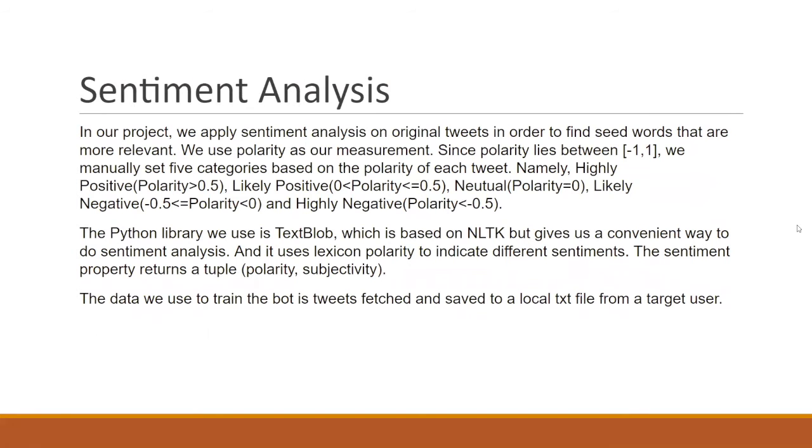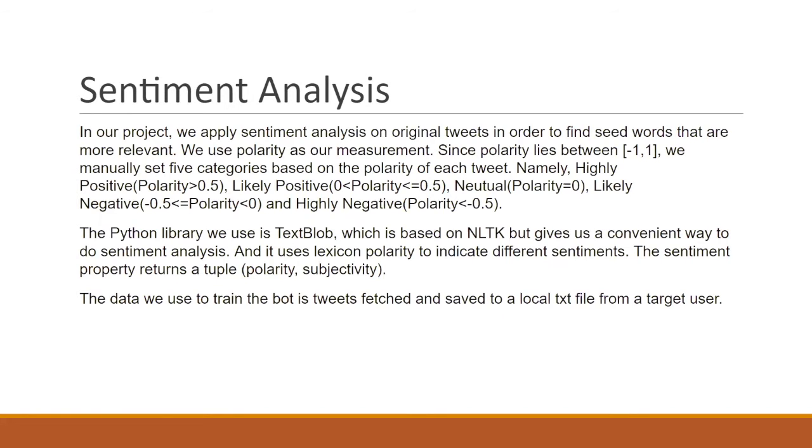In our project, we apply sentiment analysis on original tweets in order to find seed words that are more relevant. We use polarity as our measurement. Since polarity lies between -1 to 1, we manually set 5 categories based on the polarity of each tweet, namely highly positive, likely positive, neutral, likely negative, and highly negative.